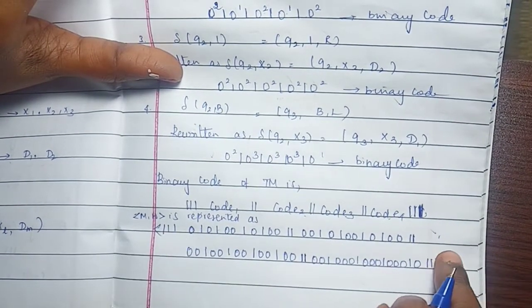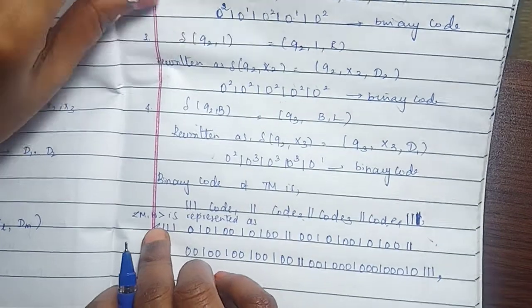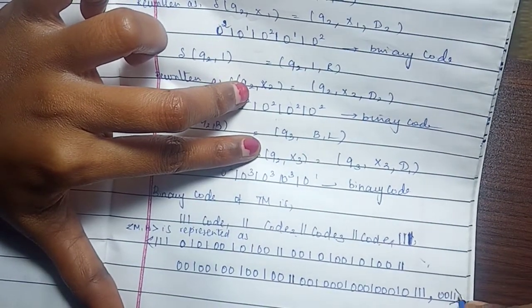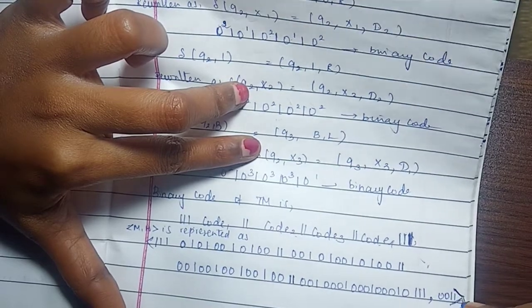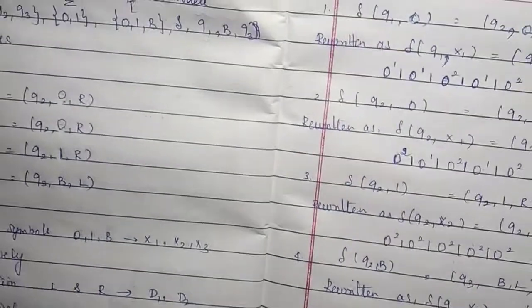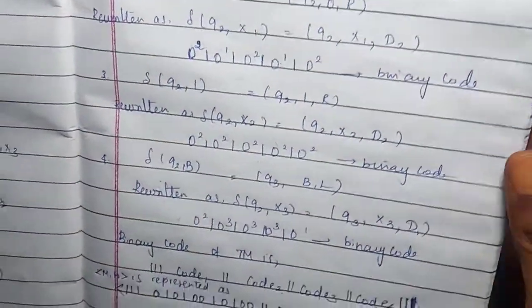So this is known as the machine code, and we'll have this input. So the input will be represented as 0011. So this is the way the binary encoding is done.